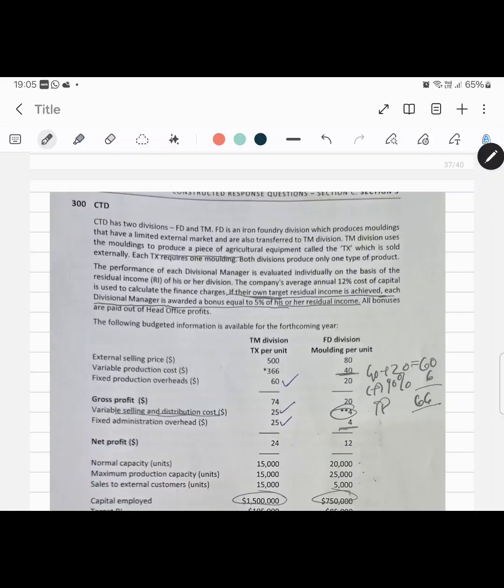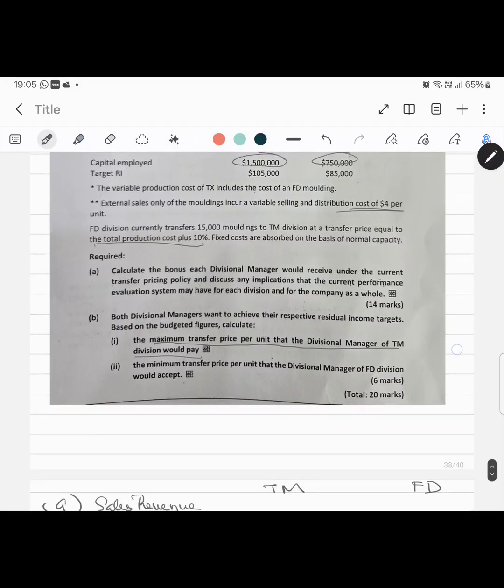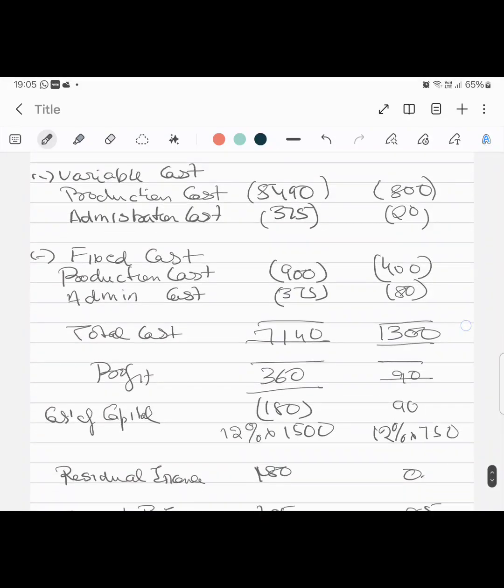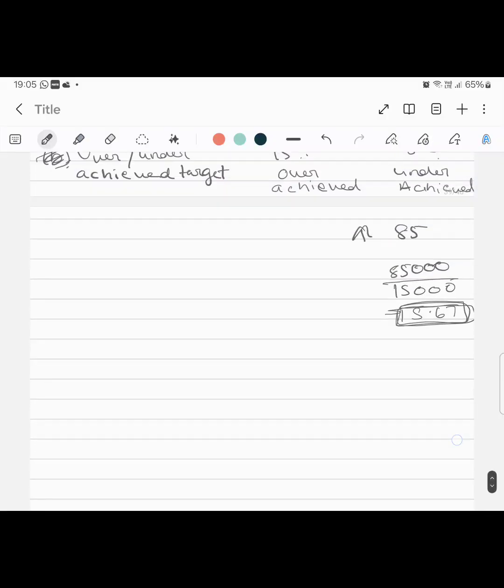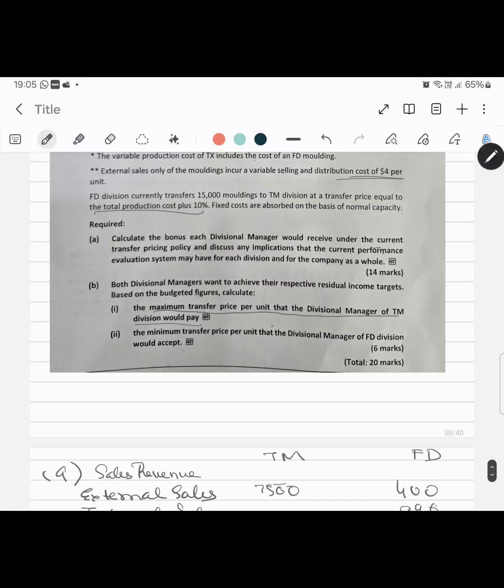Nothing has been mentioned about the performance of each divisional manager, but again it's very clear: if the question is asking that both division managers want to achieve the residual income target, then in case of TM I do not need to worry much, because the target has already been achieved.